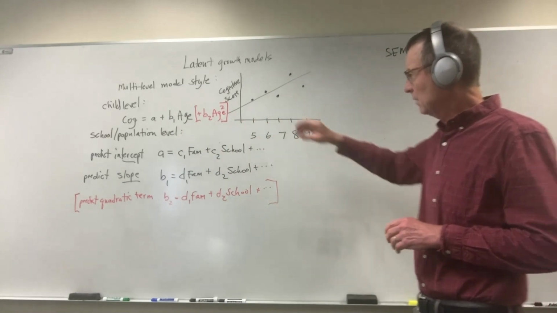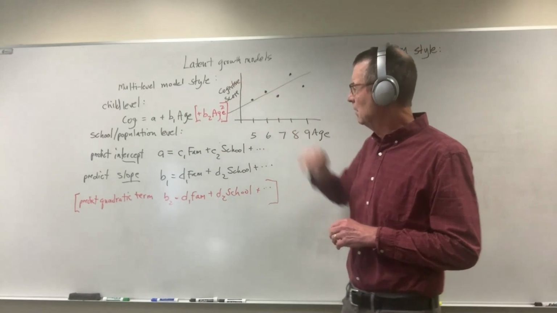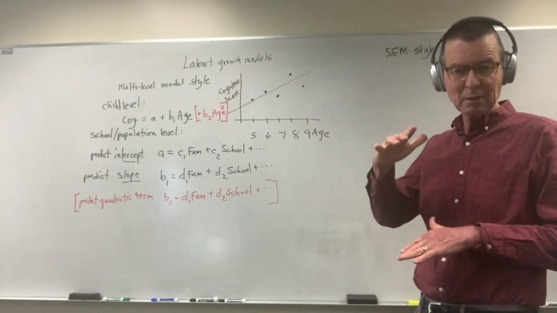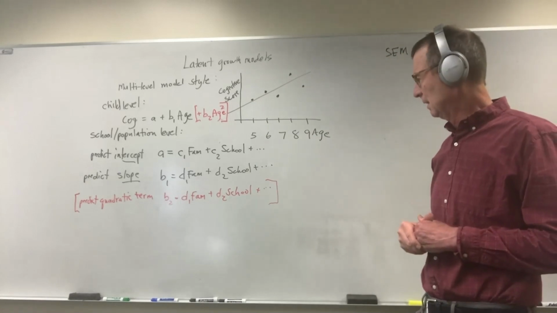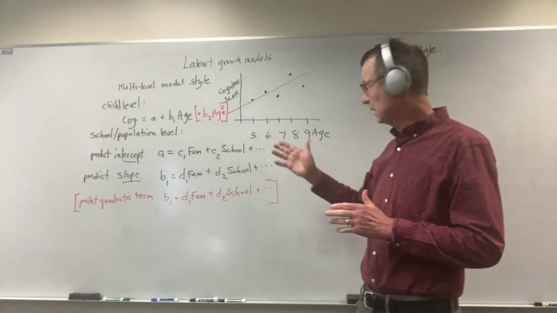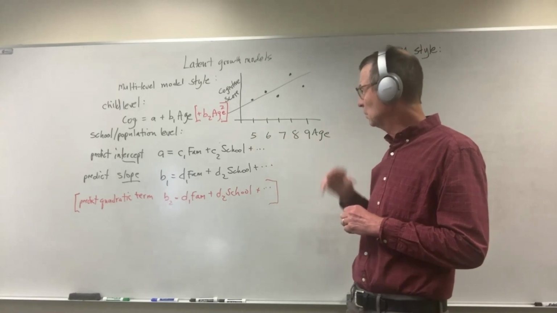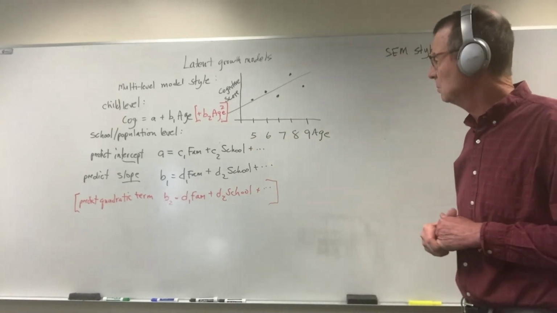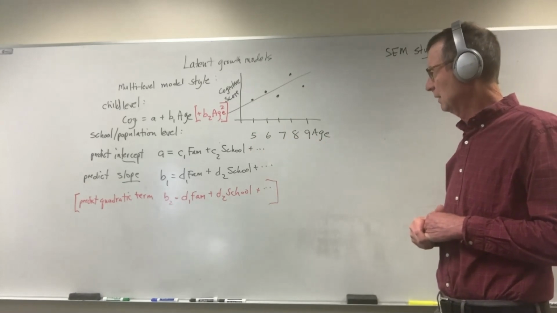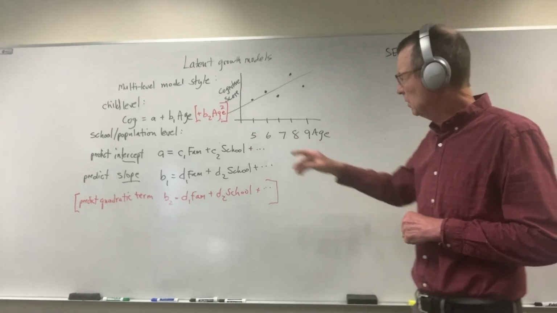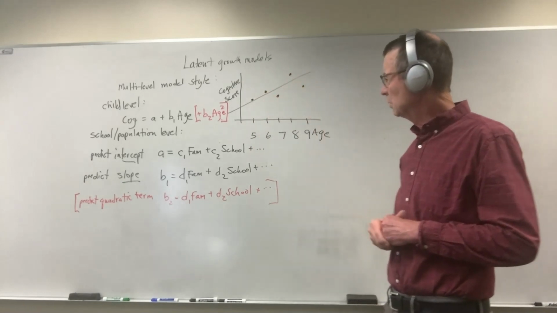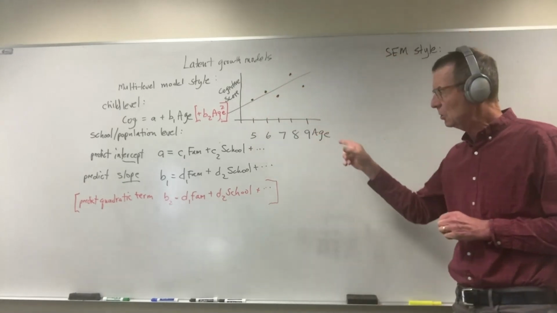And let's suppose we've got some sort of scaled cognitive score that's vertically scaled and makes sense when you compare cognitive scores for 5-year-olds and 7-year-olds and 9-year-olds. You'd expect these scores to be growing over time for most kids. And let's just suppose that we have this pattern of observed cognitive scores by age.